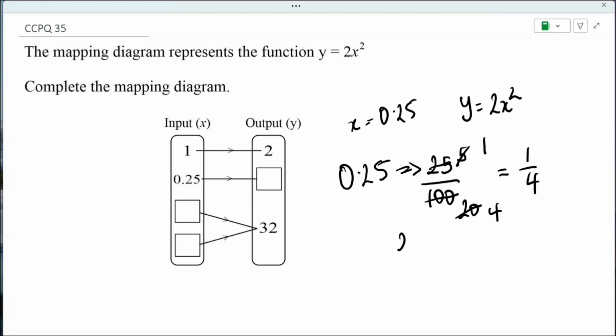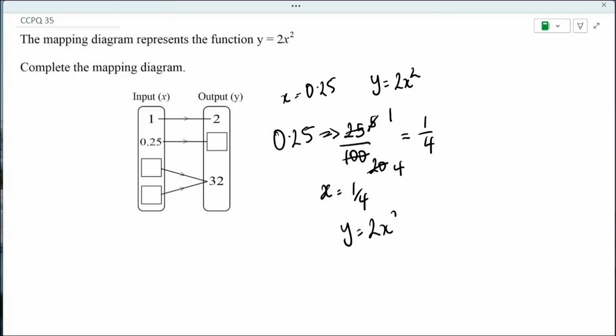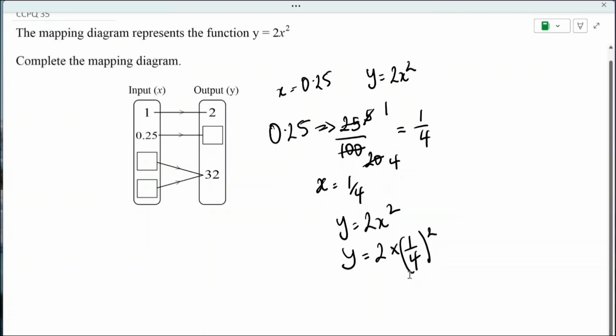So we have x as 1 over 4. With x as 1 over 4, we can plug it into the function equation, which says y equals 2x squared. We have y equals 2 times the value of your x, which is 1 over 4. You square it. That's 1 over 4 squared. You have to work with the square first before you work on the 2. That's BODMAS, or speed math, depending on how you're taught.